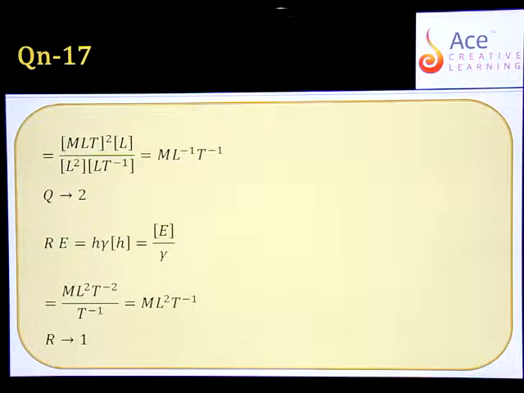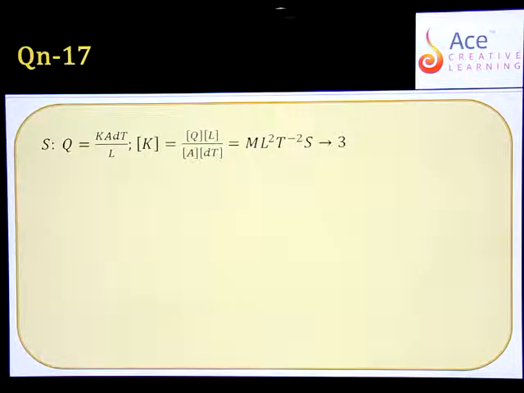R is for the Planck's constant, and we use the fact that h is equal to E by nu and get its dimensions. And finally, coefficient of thermal conductivity, use the standard equation and get the corresponding dimensions. It is a very easy question.